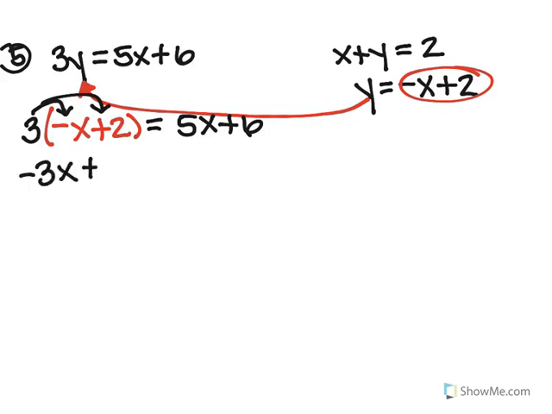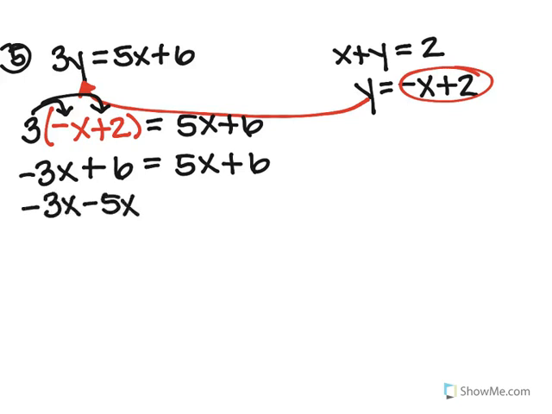Negative 3x plus 6 equals 5x plus 6. So we're going to put variables on one side, whole numbers on the other. So negative 3x minus 5x equals 6 minus 6. Combine like terms. That's a negative 8x equals 0.